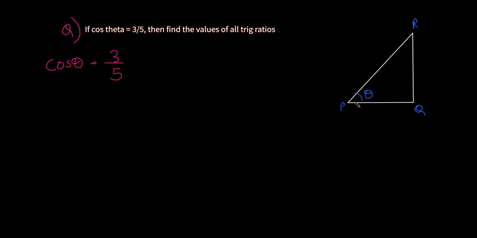Now here PQR is a right triangle such that angle QPR makes an angle theta. Now here PQ is 3 and PR is 5, because we know that cos theta is equal to adjacent upon hypotenuse.